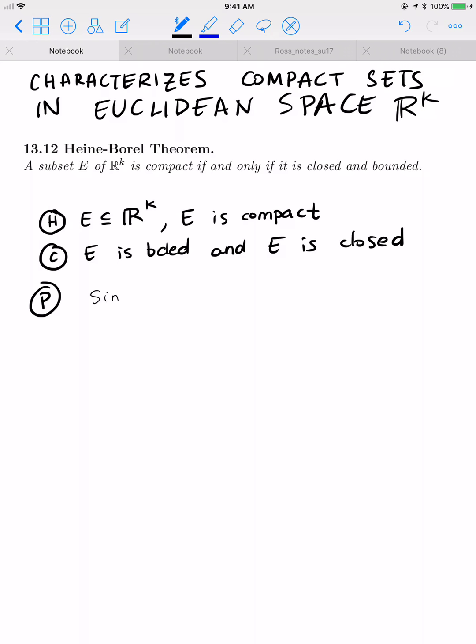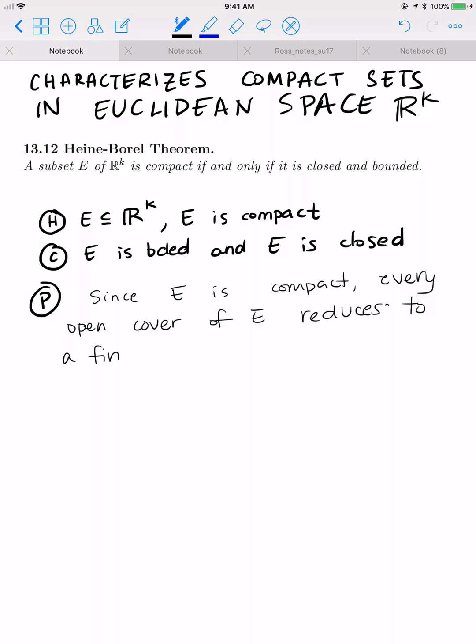Since E is compact, every open cover of E reduces to a finite subcover of E.